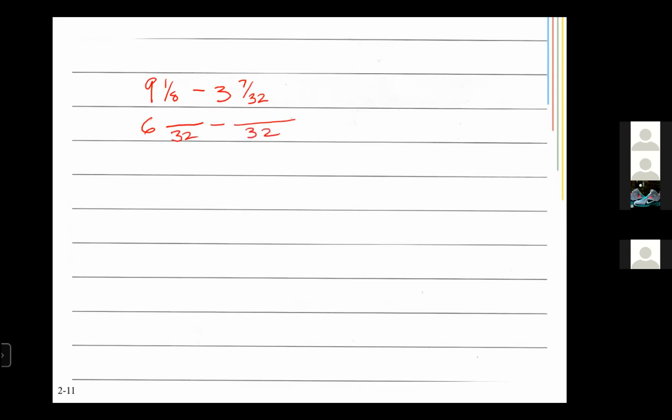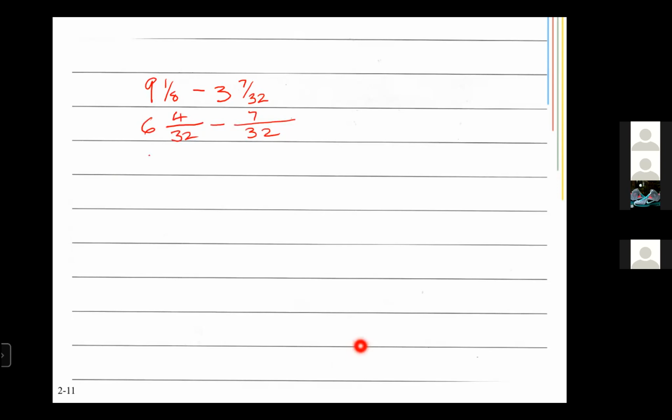And what do you have for your numerators? 4 over 32, and then 7. So this is another one where we have to borrow from the whole number because you won't be able to take the 7 from the 4.